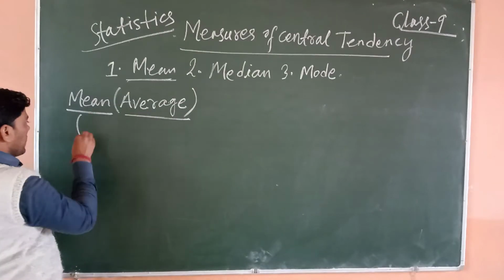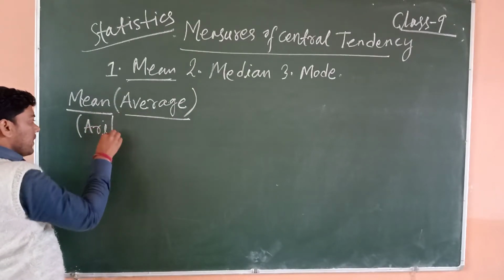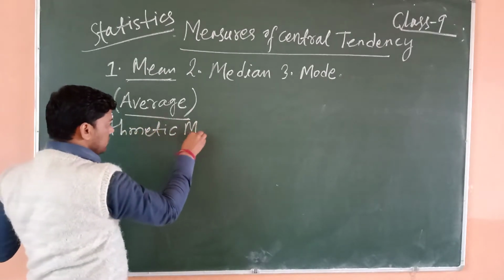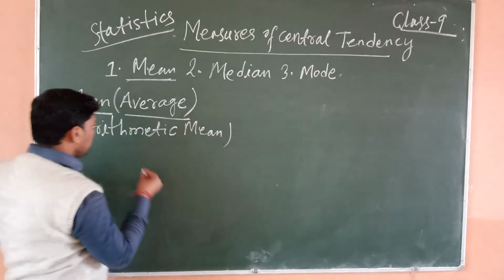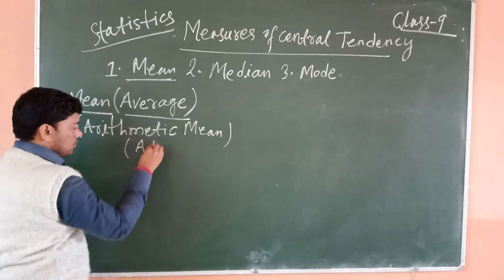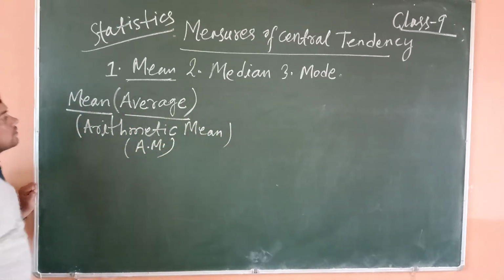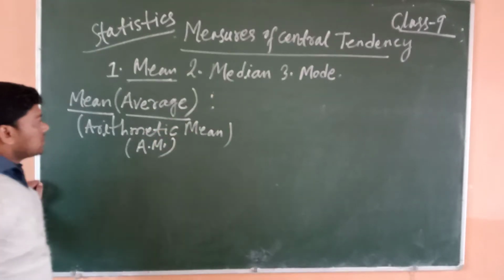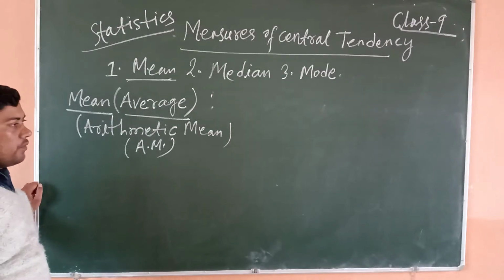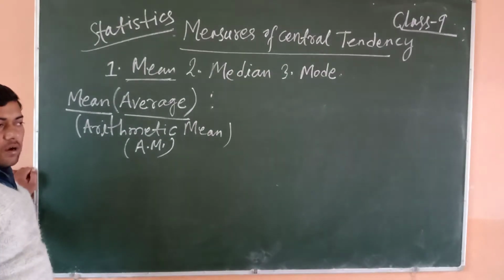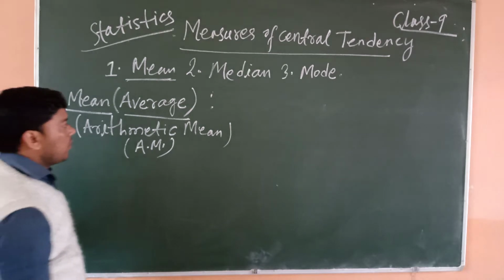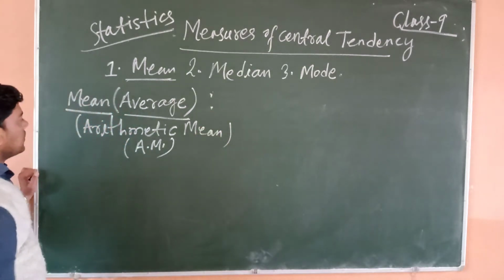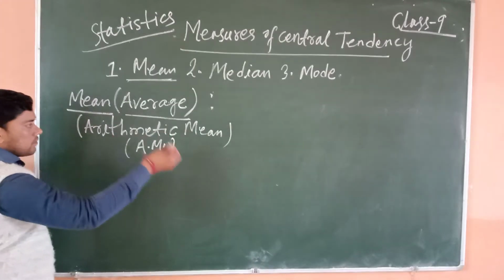This is also known as arithmetic mean, in short AM. Average, you know, is the sum of all observations upon the total number of observations.